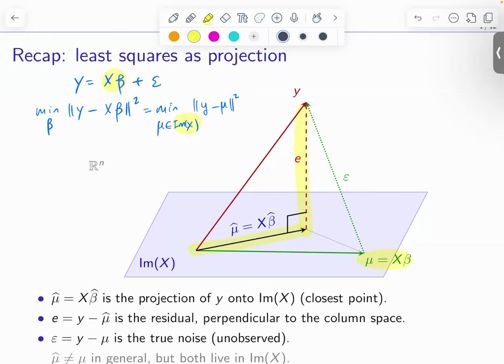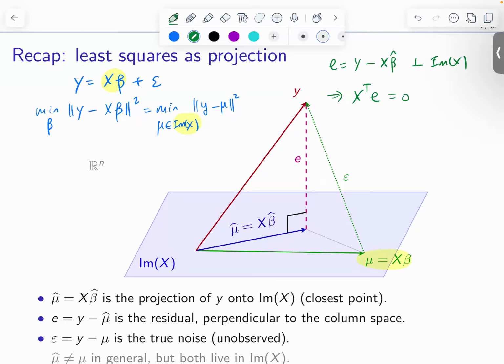Okay. So we have this e, which is y minus mu hat, which can be written as y minus X beta hat, and is orthogonal to the image of X, which implies that X transpose e is equal to 0.